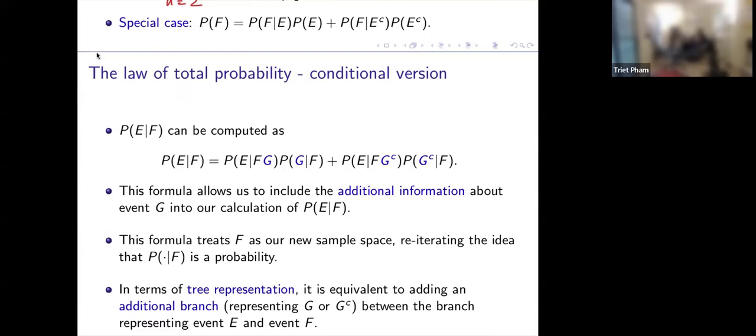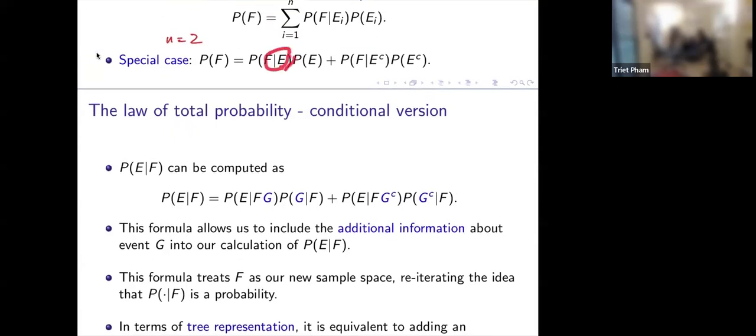Again, it is really about invoking extra information. You want to break things into cases to help you calculate the probability. The only difference is that the probability you are trying to compute is now a conditional probability rather than a probability.